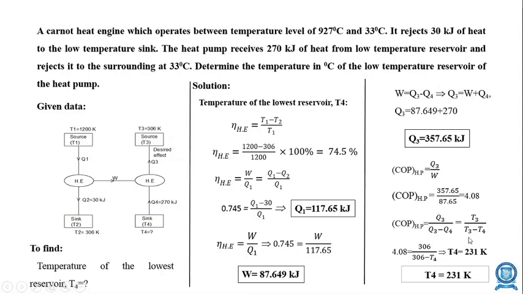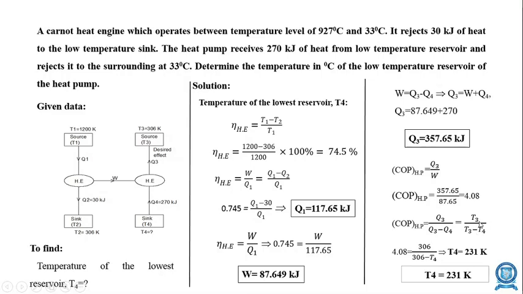In case of a refrigerator, it is the lower temperature divided by higher temperature minus lower temperature. There should be a difference; we have to keep it in mind. For the COP of heat pump, the higher temperature is divided by the higher temperature minus lower temperature.